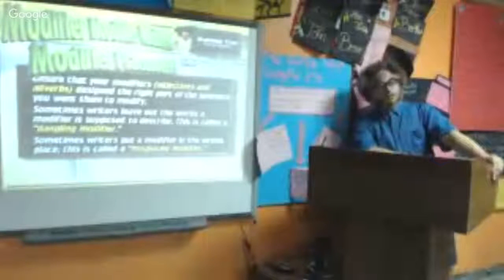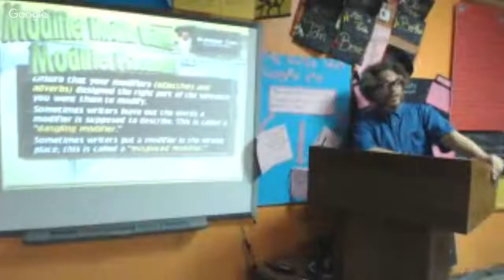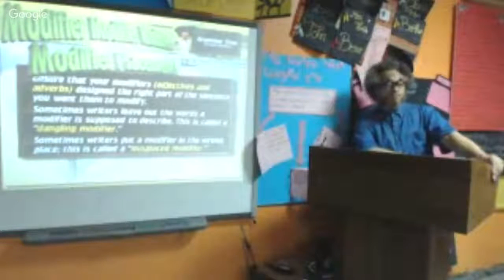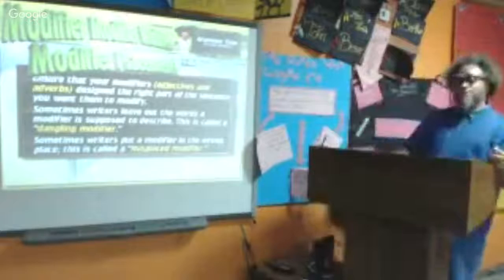That causes confusion, because maybe there are two things in the sentence, and if the modifier is in the wrong place, you won't understand which thing the modifier is modifying.